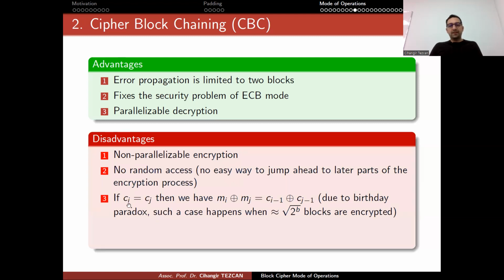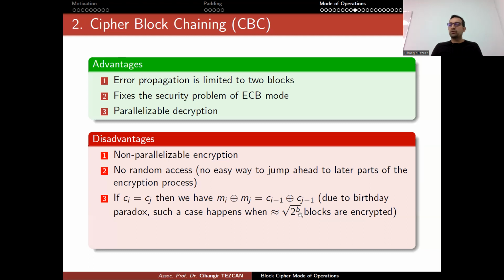Another problem is that if ciphertext blocks are identical for some reason, for instance, if Ci equals Cj, then we have Mi XOR Mj equals Ci-1 XOR Cj-1, due to the birthday paradox. Such a case happens when this many blocks are encrypted. So if you are using CBC, after you encrypted this many blocks, and if B is small, this can happen in a short time.